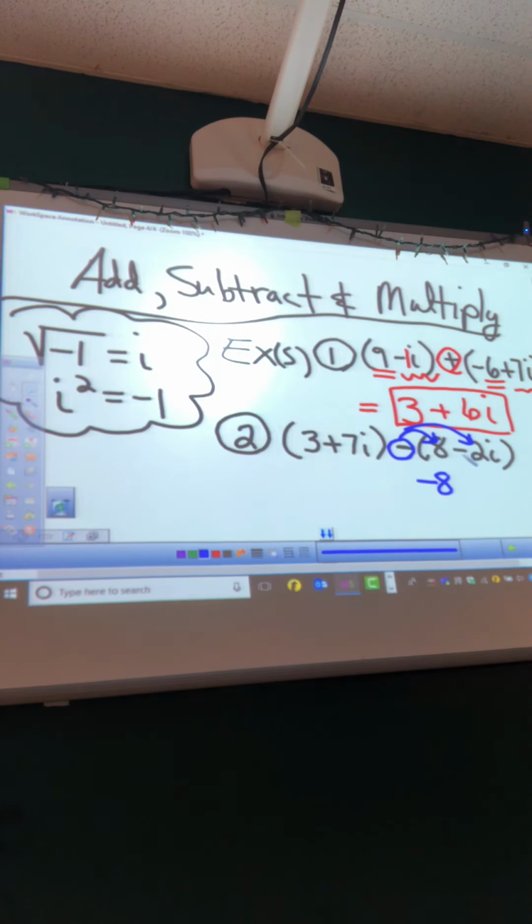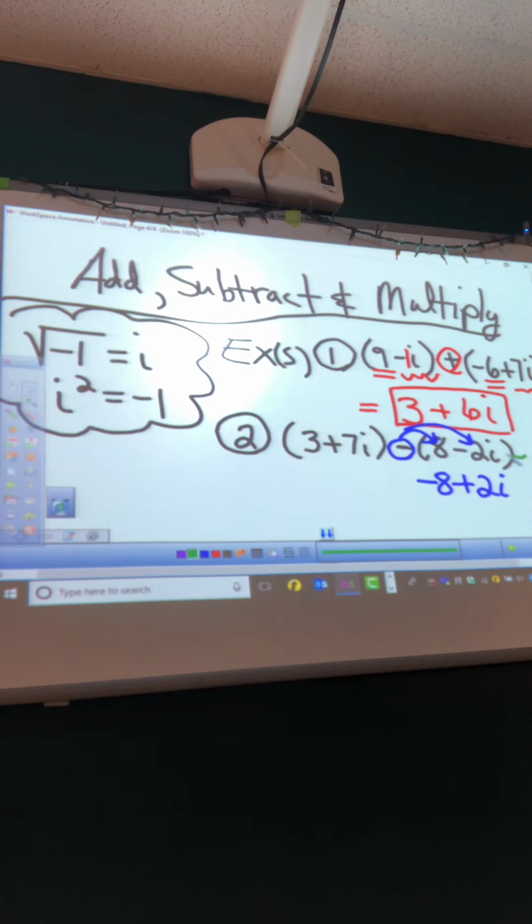That negative really makes that -2i become positive. That is my suggestion so that we don't forget that it subtracts that second term as well. So I like to distribute the negative and then combine our like terms.